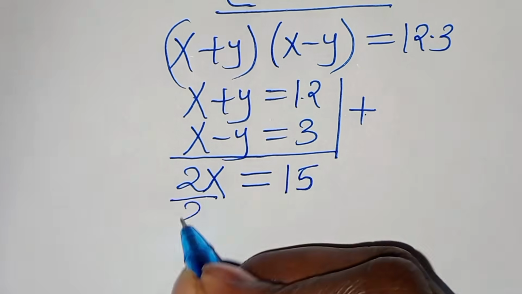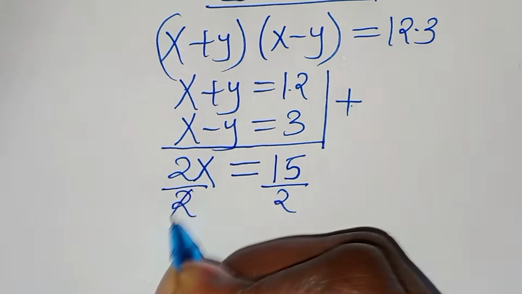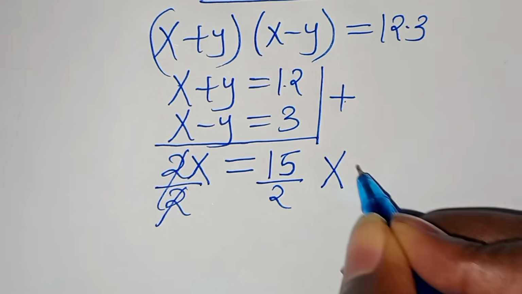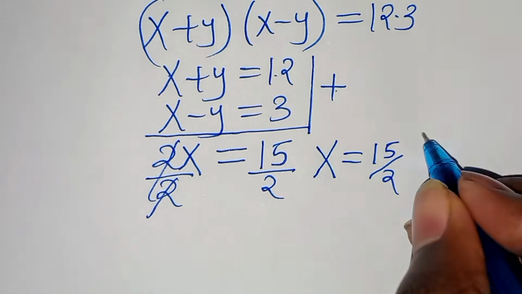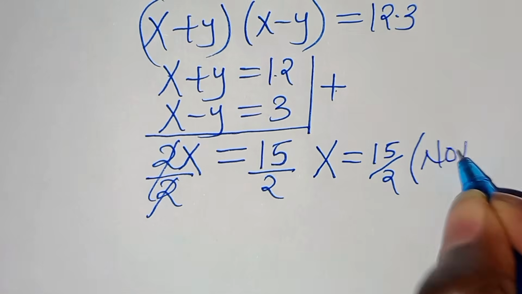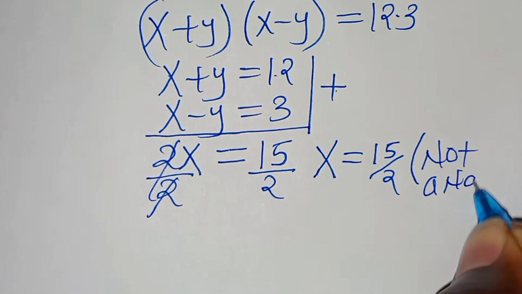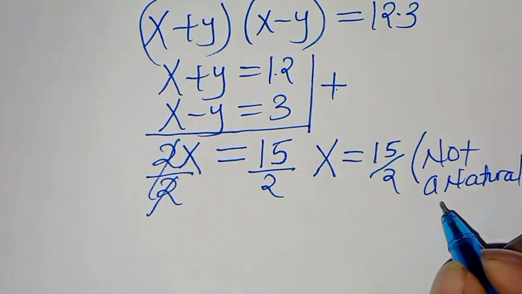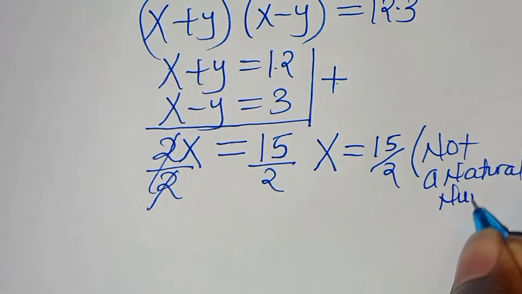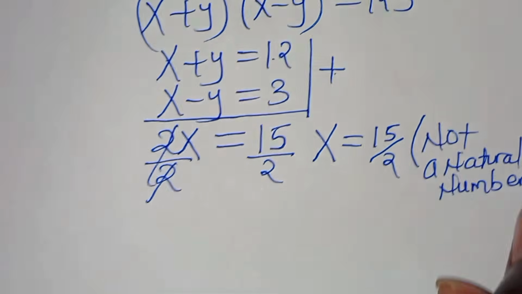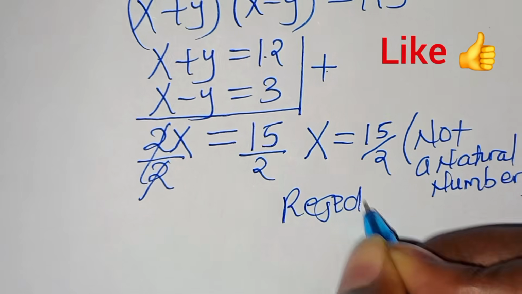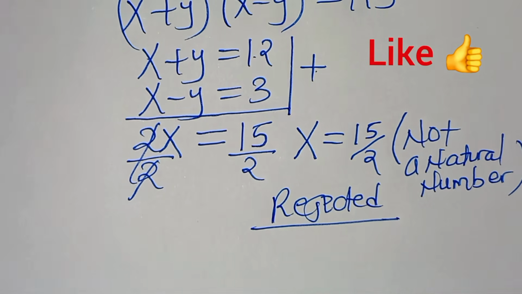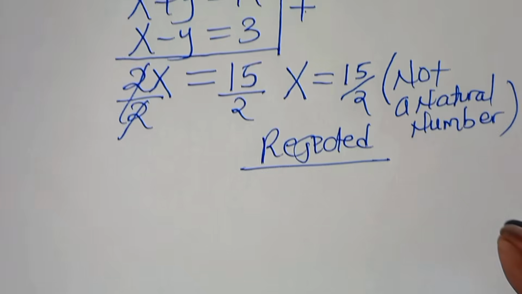So let's divide by 2, and this implies that x is equal to 15 over 2. 15 over 2 is not a natural number, and this means that case 3 is rejected.